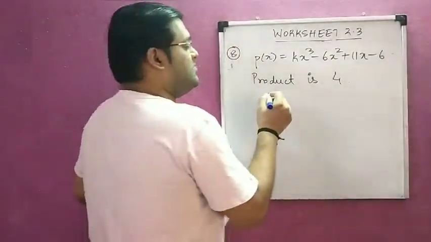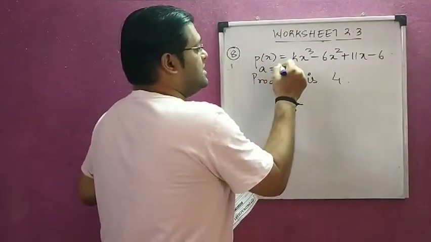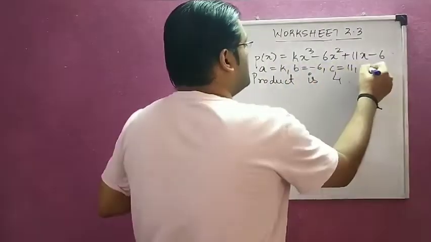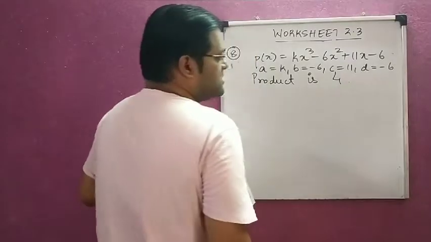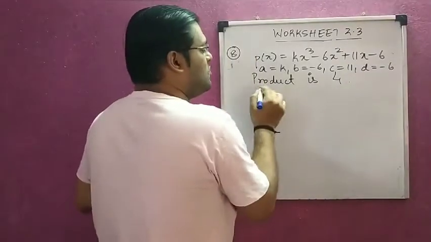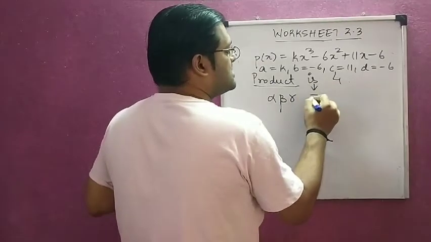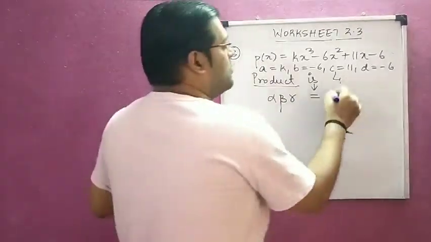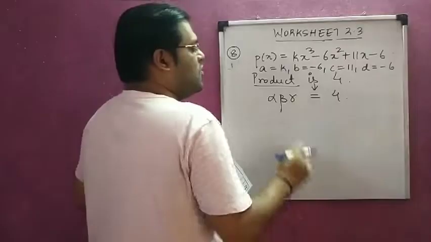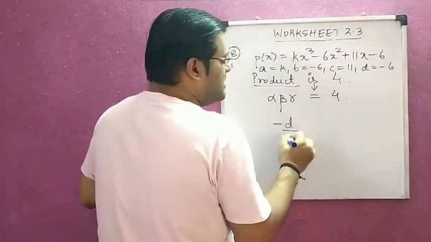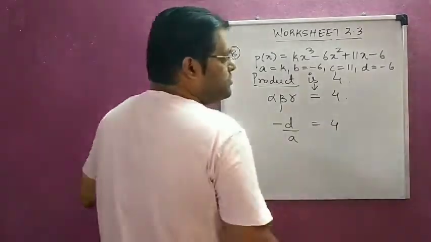So if you can see, a is k, b is minus 6, c is 11, d is minus 6. Now, product formula alpha, beta, gamma is equal to 4. Formula for alpha into beta into gamma, so I can say minus d upon a is equal to 4.